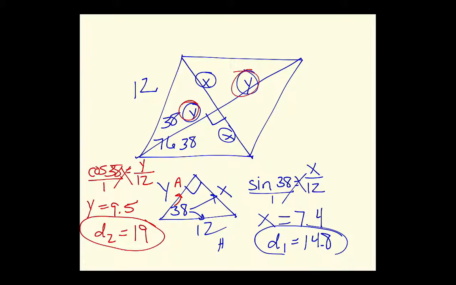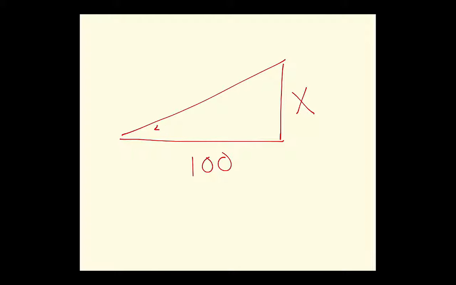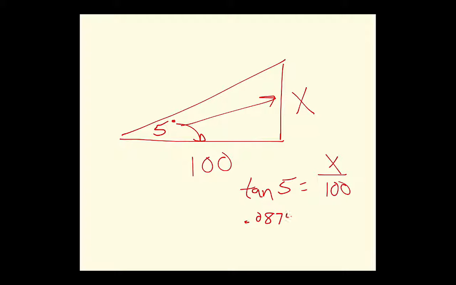So when I draw that, how much am I rising for the 100 feet that I've gone across if I'm rising at a 5-degree angle? So this is a tangent problem. The tangent of that 5 degrees should equal the opposite side x over the adjacent side 100. So the tangent of 5 is 0.0874.